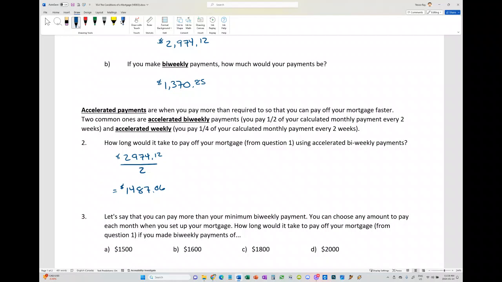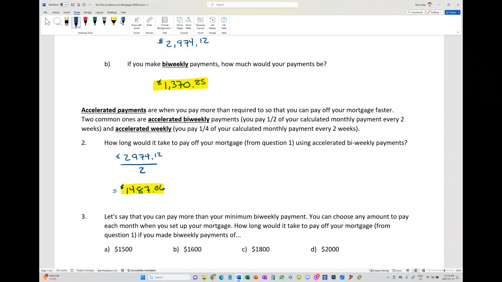Okay, so just to be clear, this is our mandatory payment every 2 weeks, assuming that we're going to pay off the house over 30 years. This is the accelerated payment, so it's going to be a little bit higher. And all that means is that we choose to pay off a little bit more than we have to, and that allows us to pay off the house a little bit faster. So I just have to figure out how much that is more than what is mandatory.